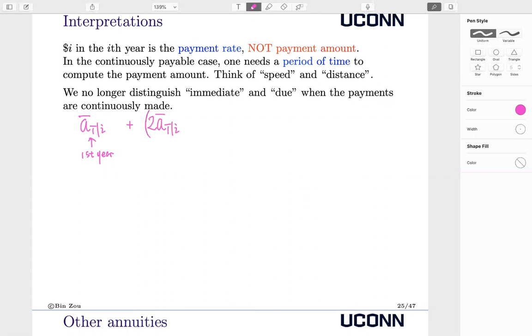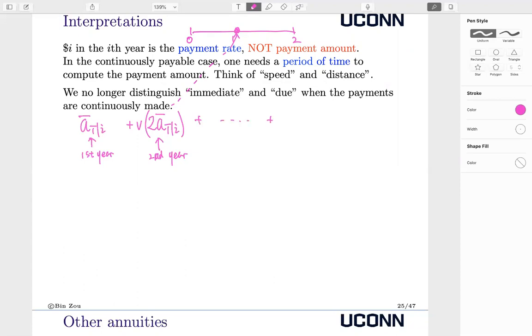However, if I want to know the present value, I will need to multiply by a discounting factor. So when I look at the second year, my present value inside the bracket is at time 1. In order to go to time 0, I need to multiply by the 1 year discounting factor. This is for the second year.